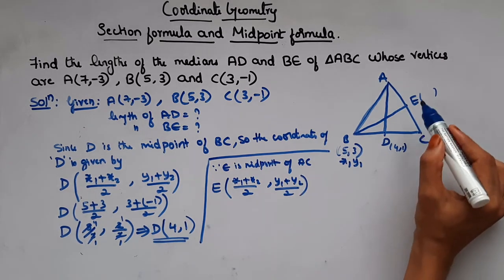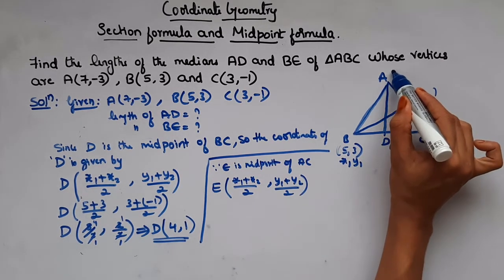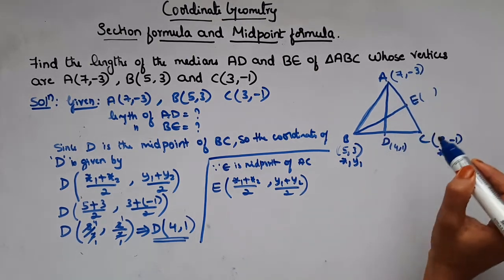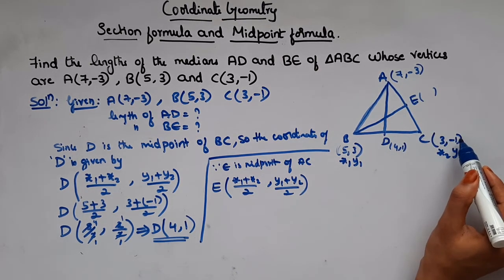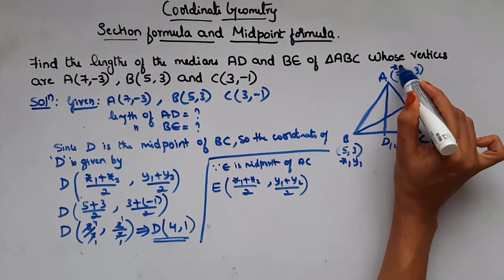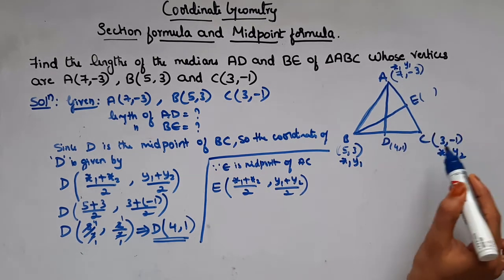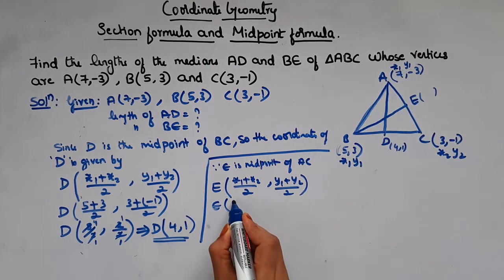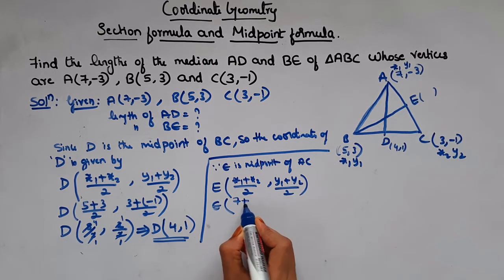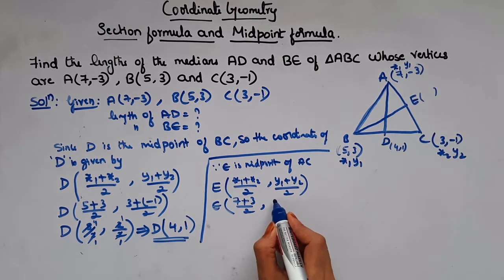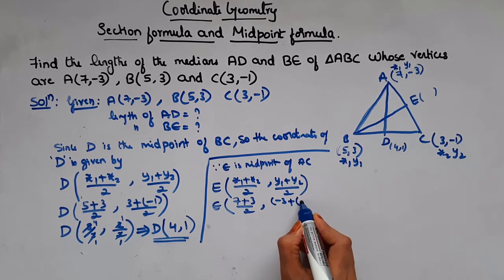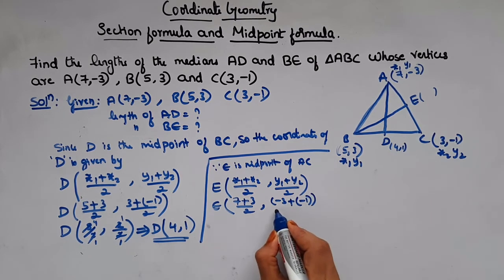A has vertices (7, -3) and C is (3, -1). So your x1, y1 is point A and x2, y2 is point C. Now let's substitute the values. x1 here is 7 plus x2 is 3, by 2, comma, y1 here is -3 plus y2 here is -1, by 2.